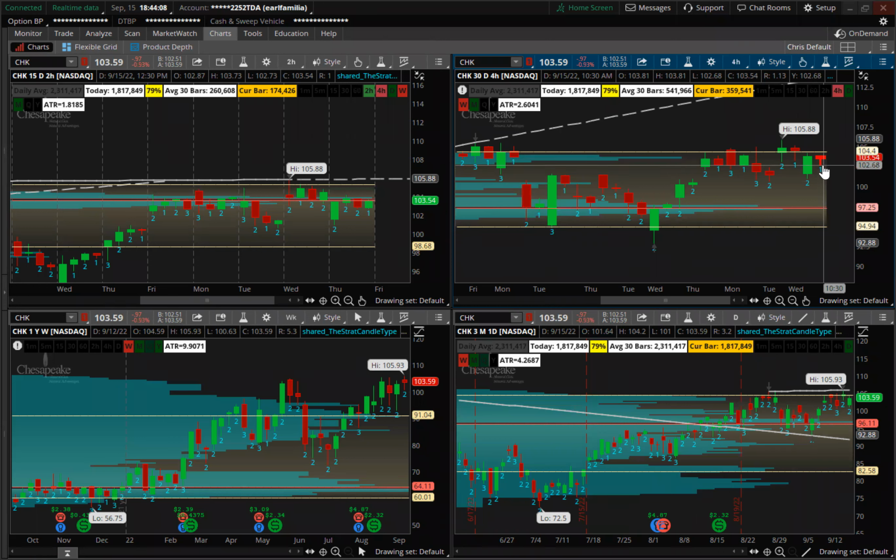And this one looks solid, like it's going to keep pushing up, but it doesn't look like it gives us much sustained movement, it's kind of choppy. But this one's still trending up, so Chesapeake looks solid. We've got conflict on the week, but it turns the week back green at 104.59, so $1 away.